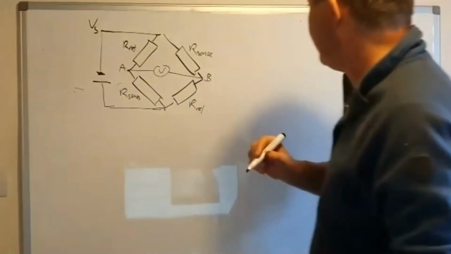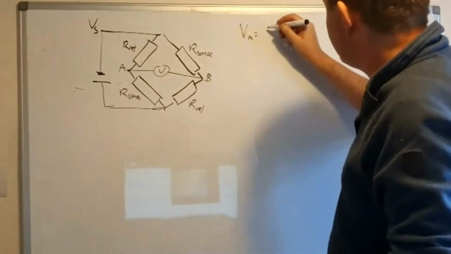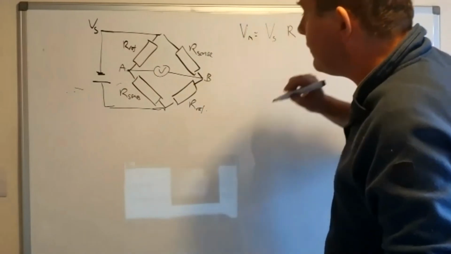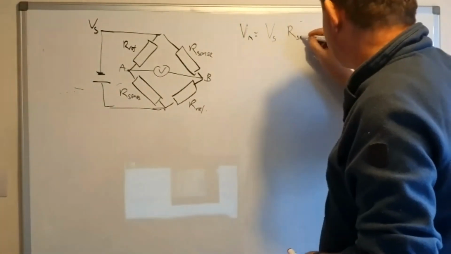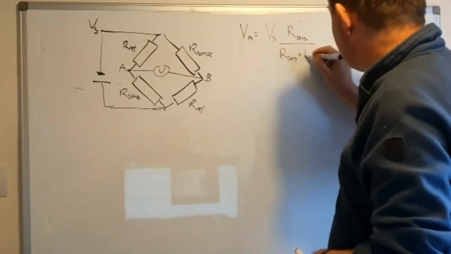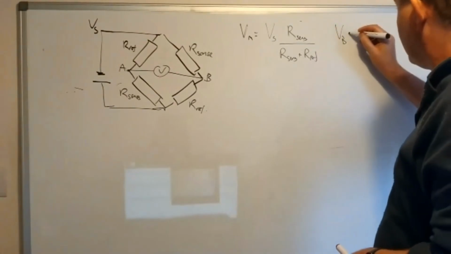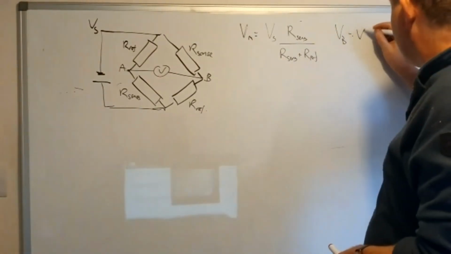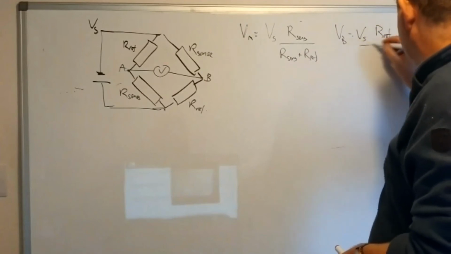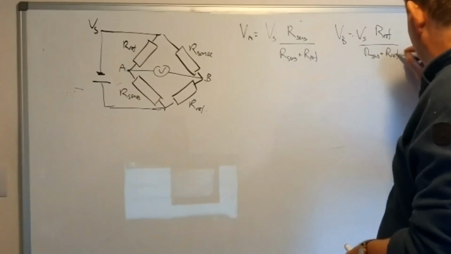So we can write down the voltage at A is the supply voltage times the sense resistor over the sum of the two resistors. And the voltage at B is going to be given by the supply voltage times the resistance of the reference resistor over the sum, like so.